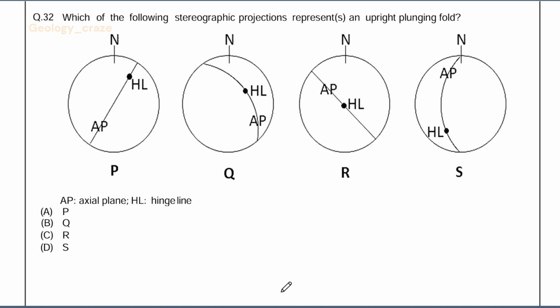I will also add more information apart from this question, so that in future if you get a similar type of question you are able to answer it. Okay, let's start our question.